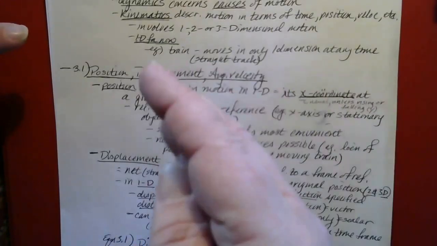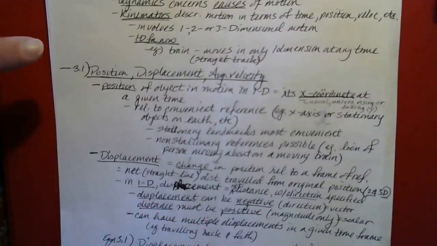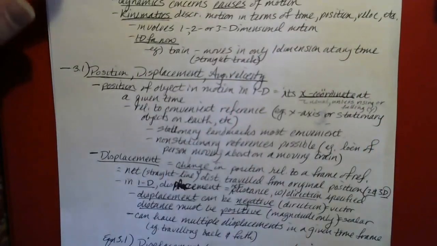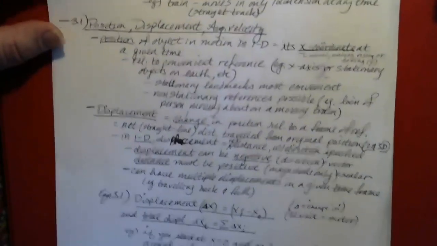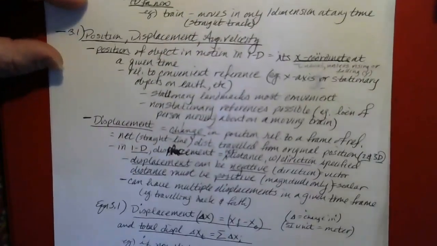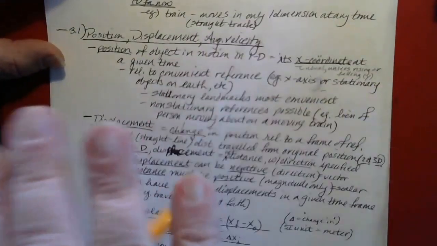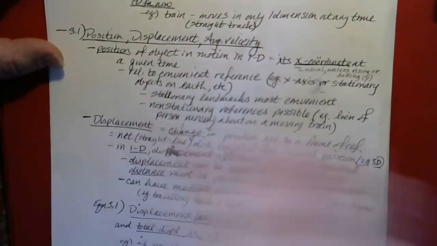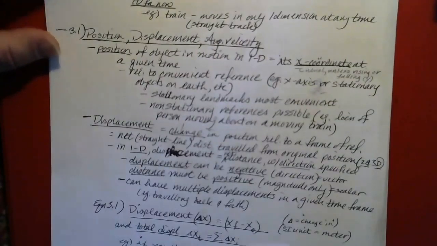If it goes around a curve, that would also bring in a 2nd dimension. And if it's going uphill while going around a curve, that would bring in 3 dimensions. So we're not going to go there yet. We're going to keep it simple with just 1 dimension, like a train traveling on level ground in a straight line, that kind of thing.